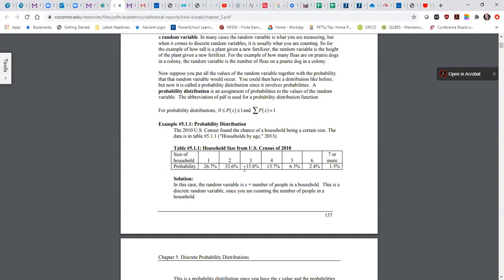This is an example of a probability distribution based on the US census. For example, for a household size of 1, the probability is like 26 point something. And for a size of 2, 31.6%, something like that, and so on, right?